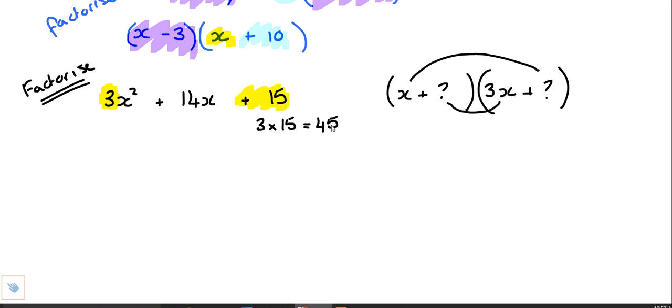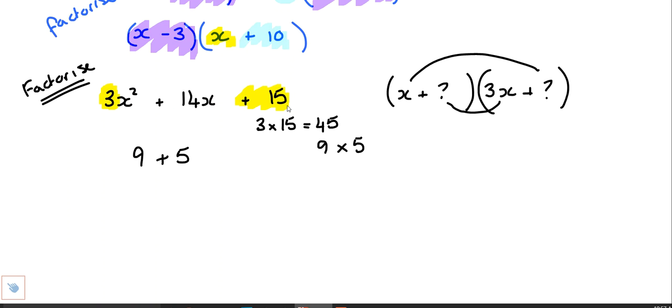So this is the only extra step we need really. Now we actually need something that multiplies to make 45 and adds to make 14. So it's no longer multiplies to make 15 and adds to 14, it's multiplied to make 45. 9 and 5. So we've got 9 times 5 does indeed make 45. And 9 add 5 does indeed make 14.